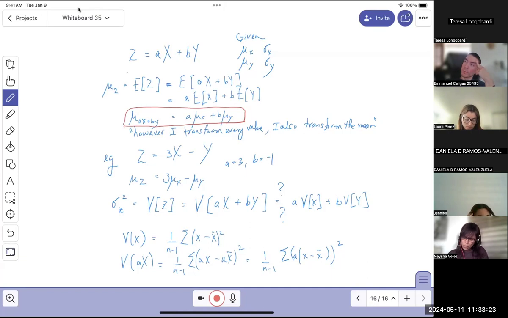So finally, the A can come out, but what do I have to do to it to take it away from here and bring it in front? What happens to get the A out? What do I have to do? Anybody?